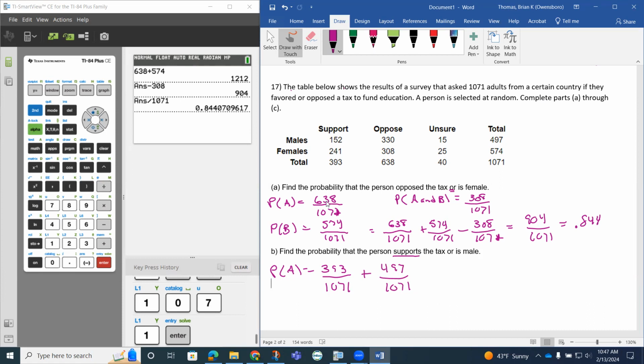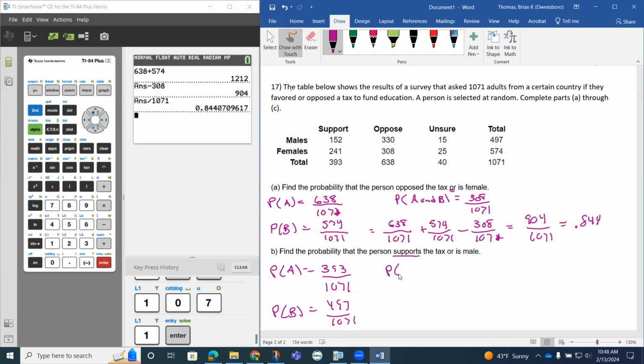Let me clean that up a little bit and write it better. The probability of B was male, 497 out of the 1,071.